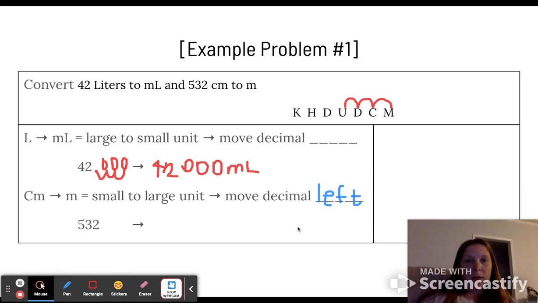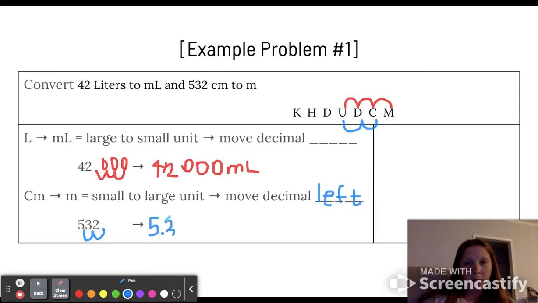And since we're moving to the left, we're going from centimeter right here to meter. So we are moving 1, 2 to the left. Remember, we're putting our little decimal there at the end since it wasn't in the number already. 1 to the left. So my answer is 5.32 meters.